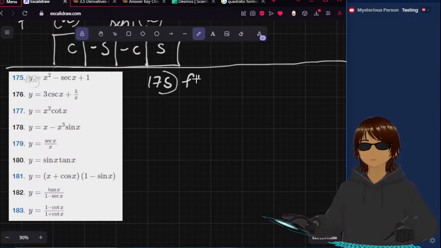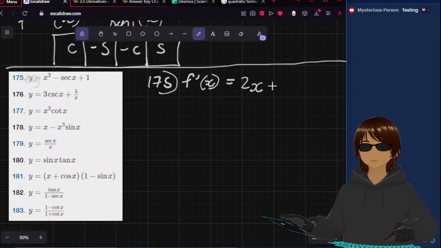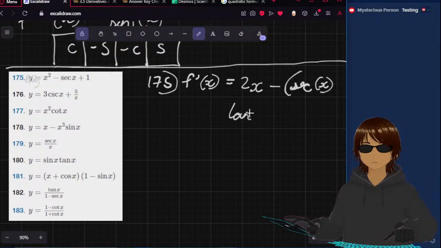So 2x minus sec x tan x, and then that's it.